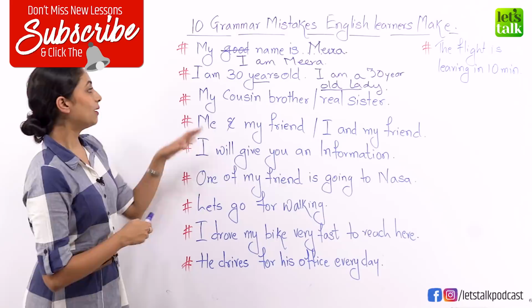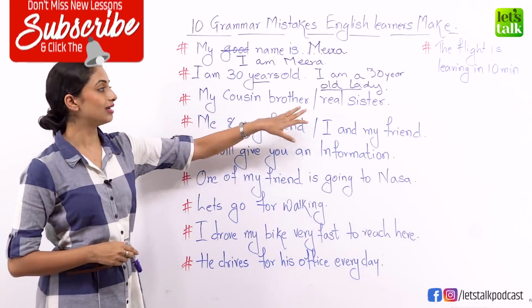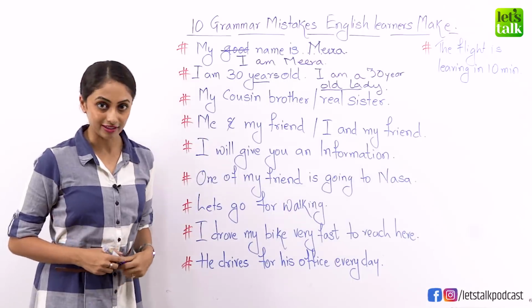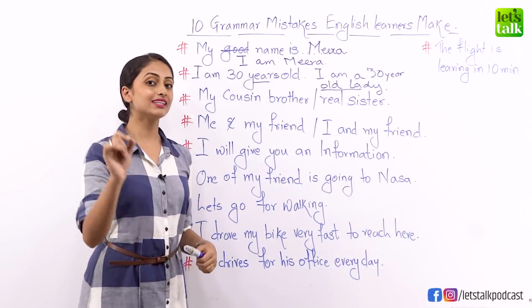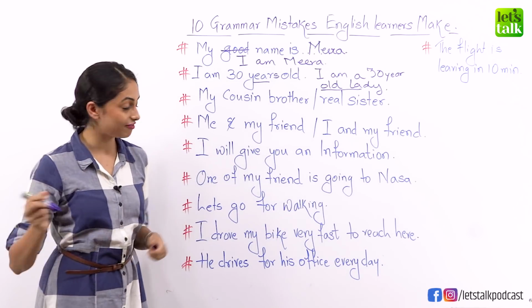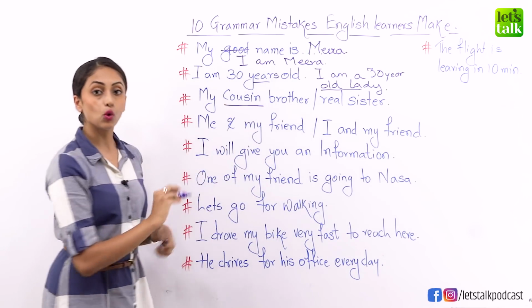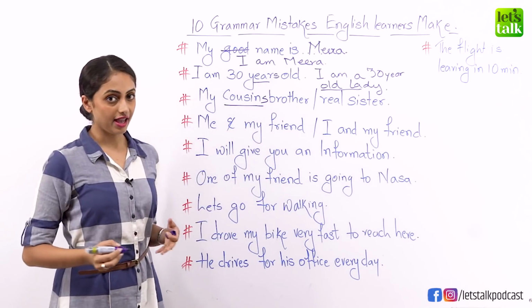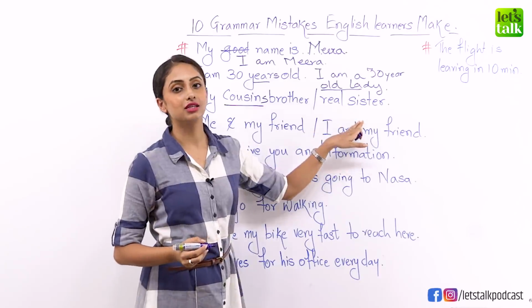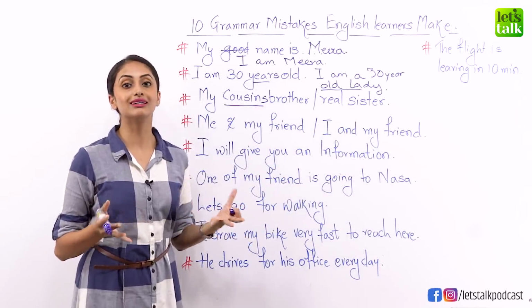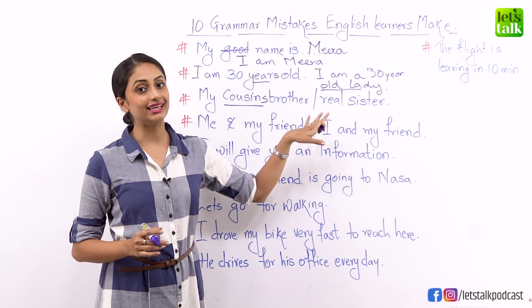Moving on. My cousin brother, my real sister. Well, I will tell you what. Remember this and fix it in your head that in English we only have cousin or we can have cousins. And then we can have a sister. Don't use words such as my blood sister or my real sister. That doesn't mean anything.